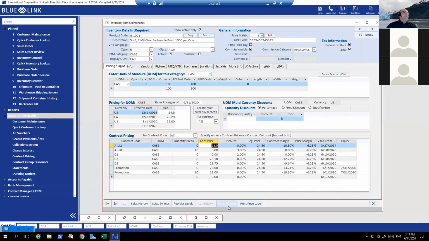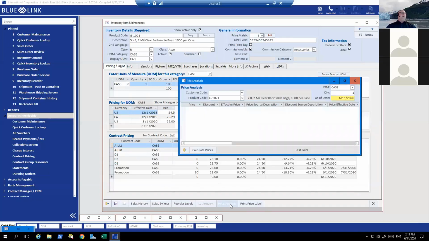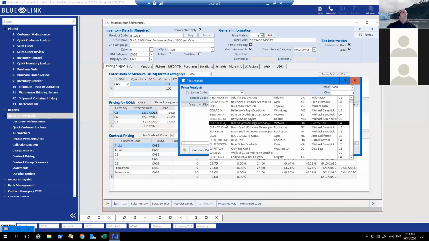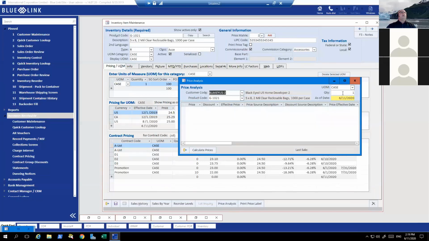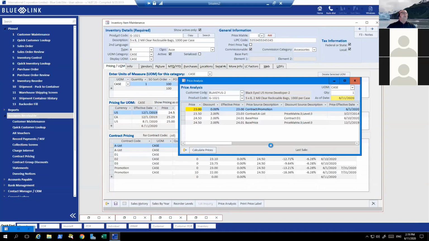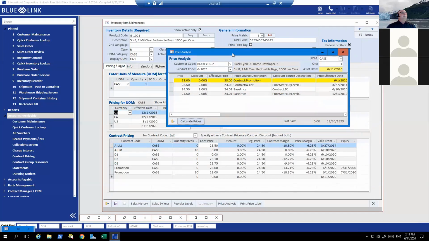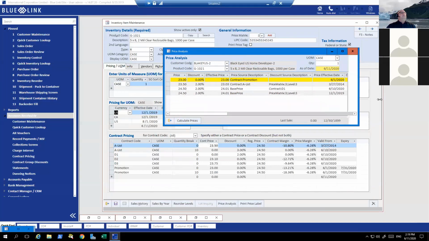But actually, let's look and see in an analysis again, looking at that other customer. I'm just going to use Black Eye 2 here for a specific case of one of these eaches to see what it's showing me. Well, first of all, the system is saying that the promotions is the best price, $23.